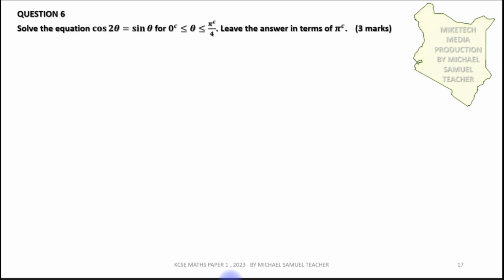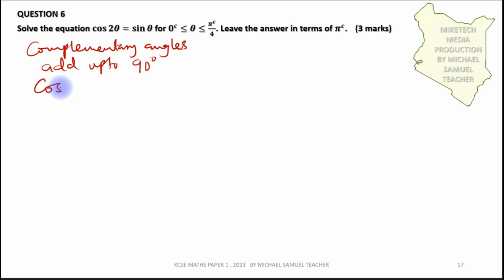So in this situation, I want you to remember about complementary angles. We say they are angles that add up to 90 degrees. Therefore, cosine 2 theta is equal to sine theta. So here we have complementary angles.